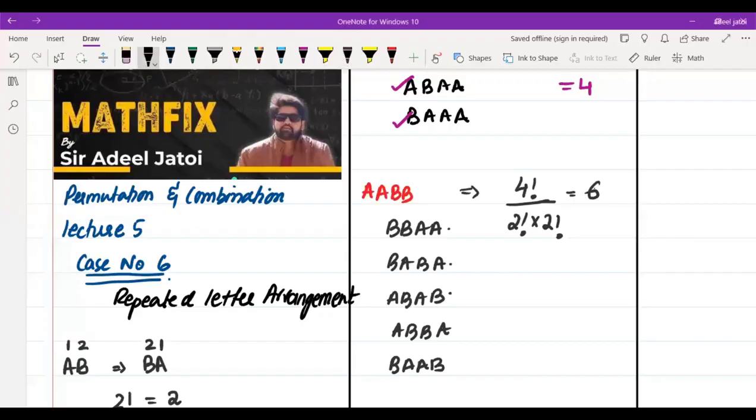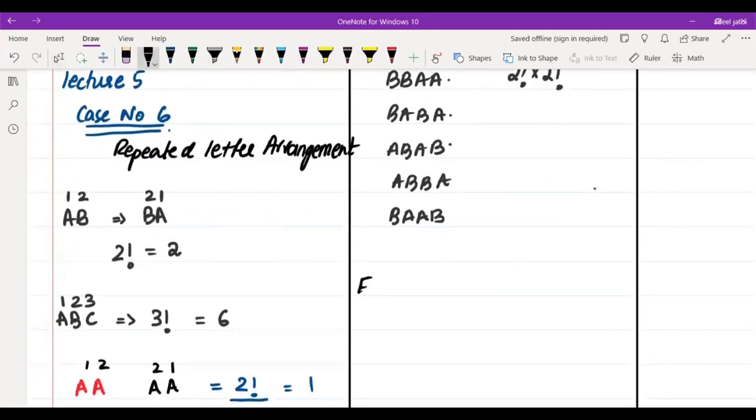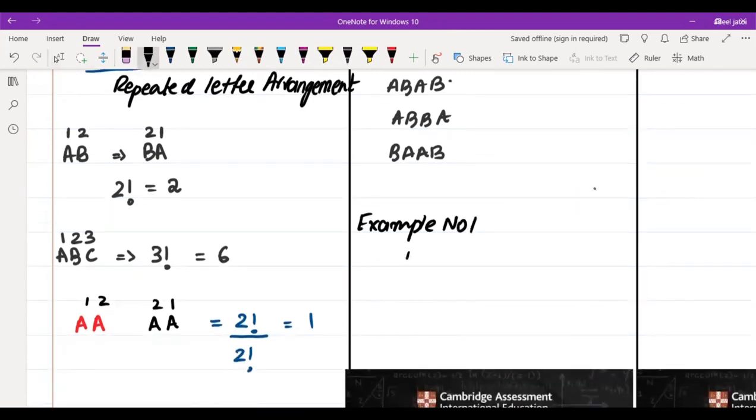Now let's work out example number 1. If the word is evermore, in this word we can see 3 E's and 2 R's.